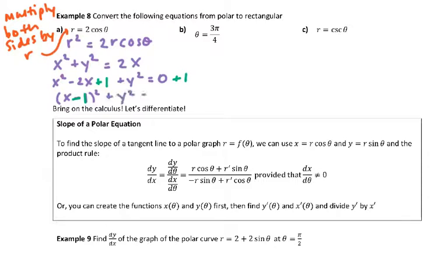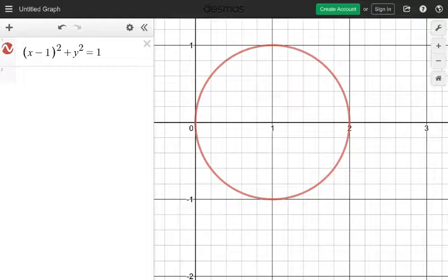Okay, now this is looking more like it. And if we think about what type of shape it is, we have now converted it to the rectangular form of a circle, right? That's just been shifted. The center has been shifted 1 to the right of the origin and has a radius of 1.